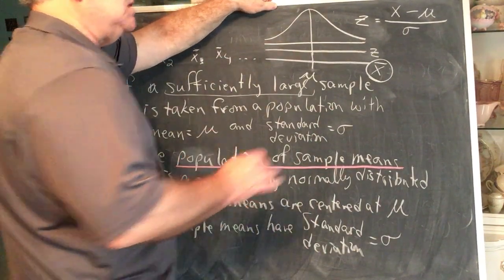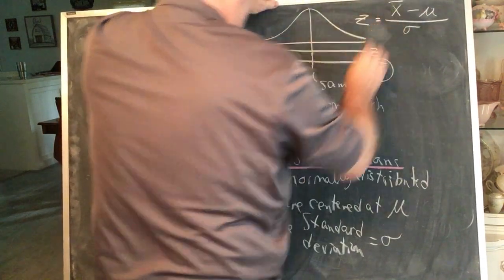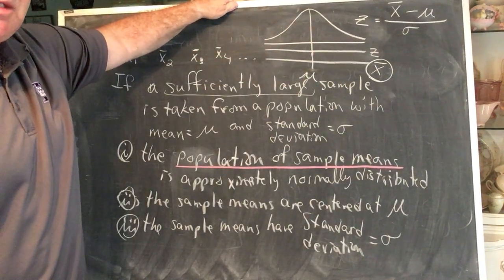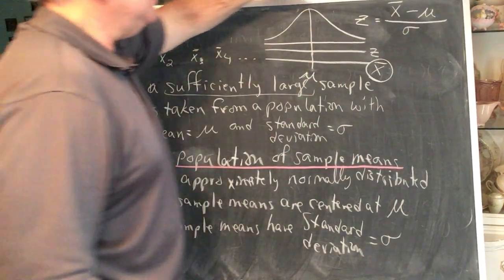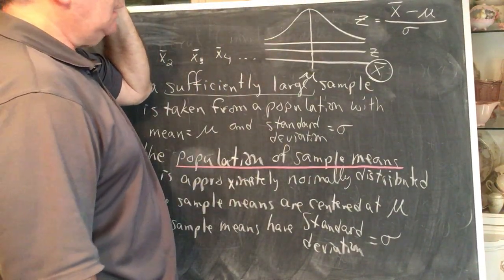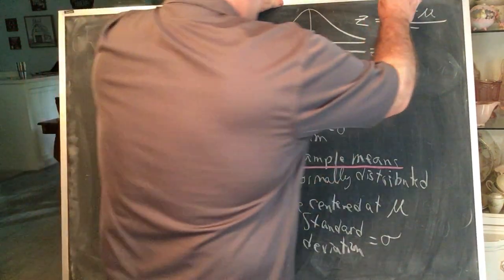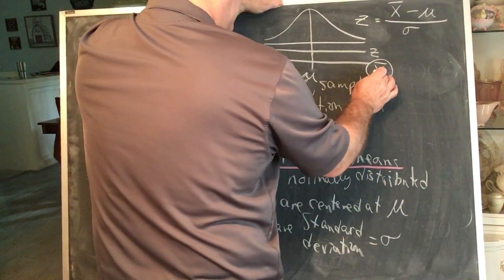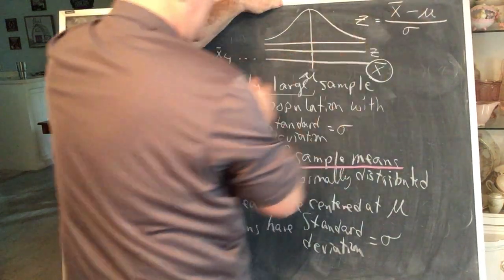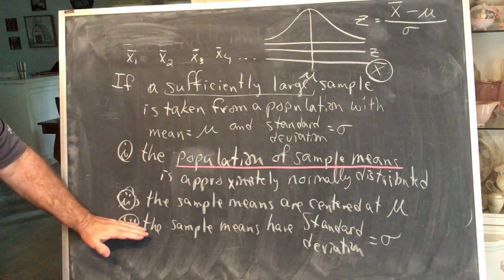So our new formula is going to be z is equal to not x minus mu, it's x bar minus mu. X bar because this is a mean of a sample taken from the population. So we have x bar because this is the x bar scale. Mu is the same.